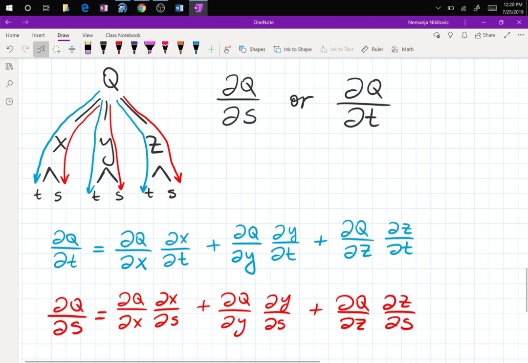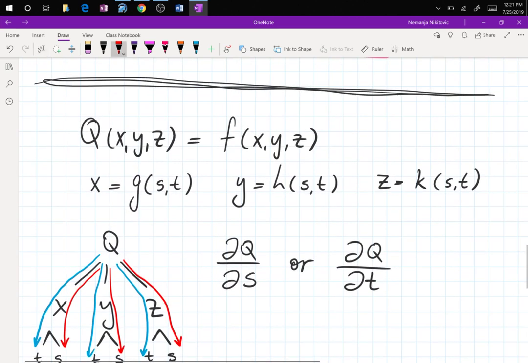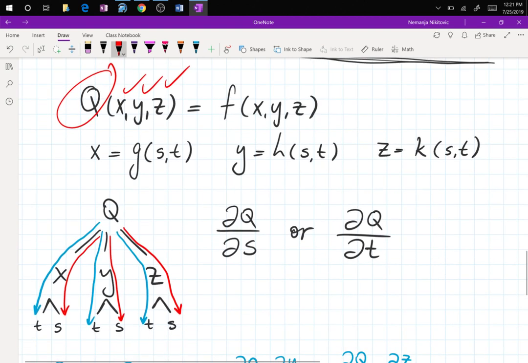So I hope you all understand that these equations are not something that you guys memorize. Every time you have a problem, the problem will determine the way in which you write the formula. So when a function depends on 1, 2, 3 variables, you will make it into a tree function that depends on 3 variables.